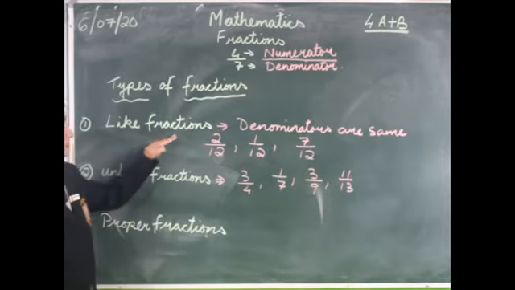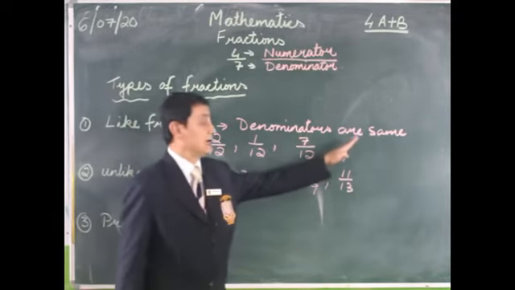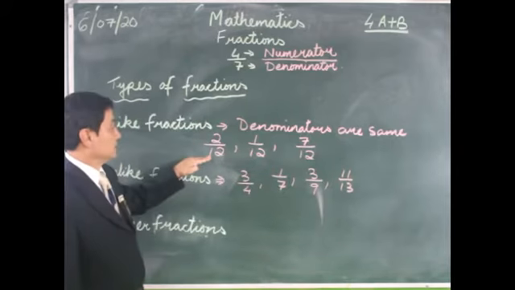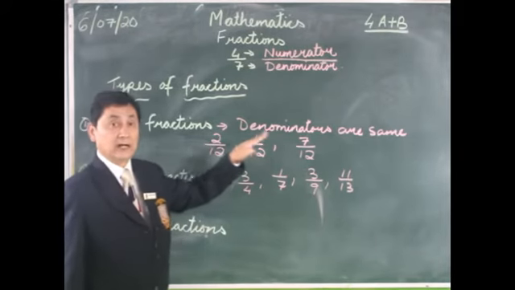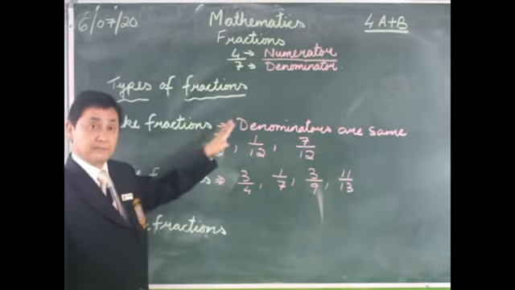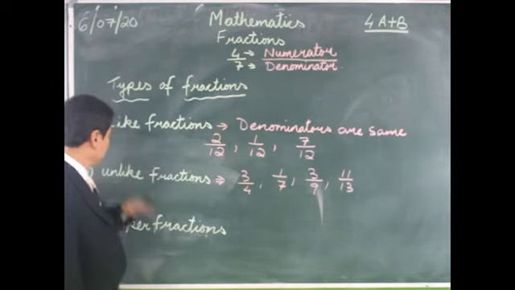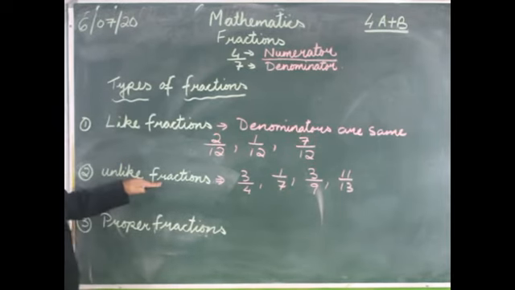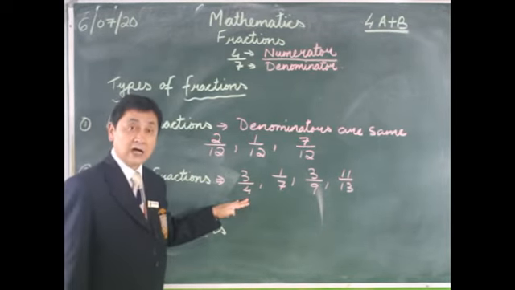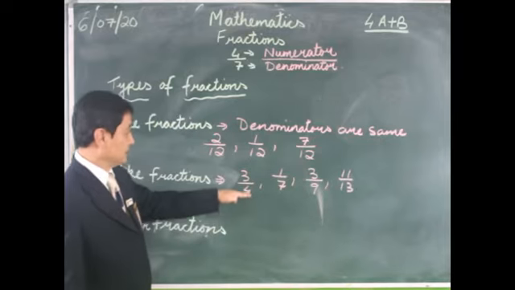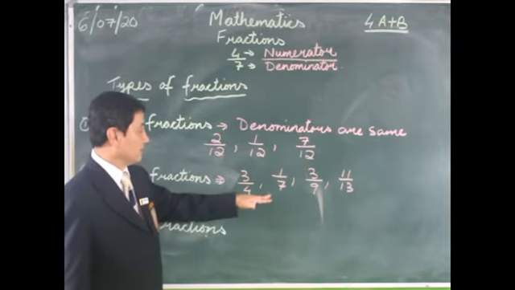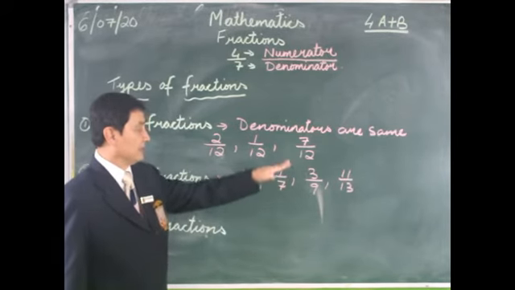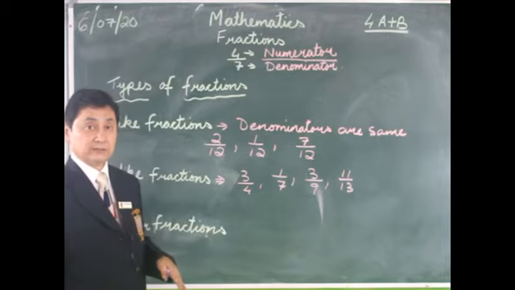In like fractions, all the denominators are same. 12, 12, 12. And the numerator can be any other number. Whereas in unlike fractions, the denominators are different. 3 upon 4, 1 upon 7, 3 upon 9, 11 upon 13.